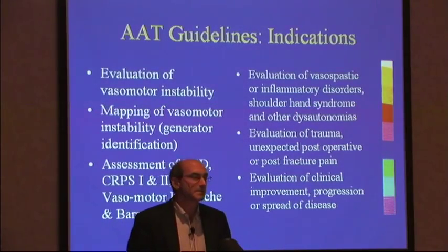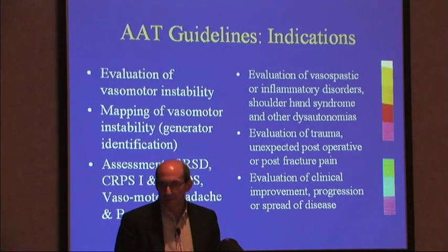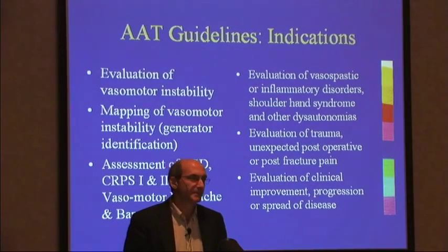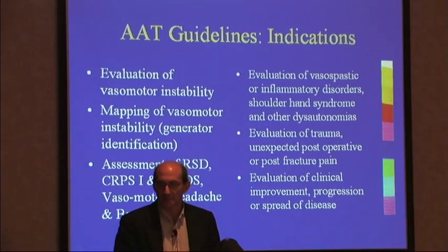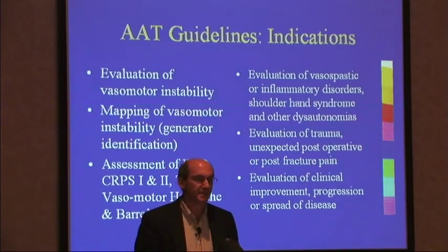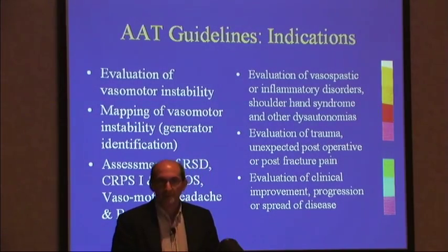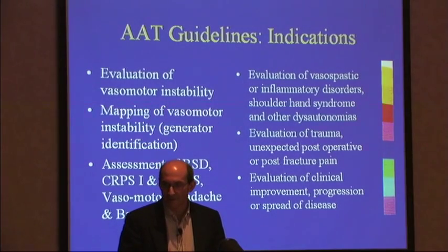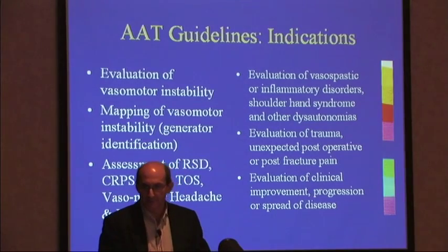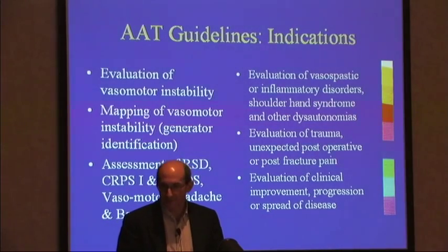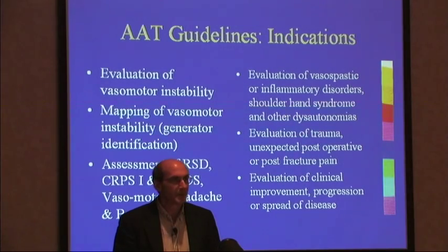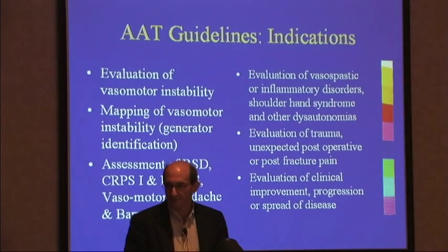In 2006, the American Academy of Thermology published internationally peer-reviewed guidelines on thermal imaging. These were restated and updated in 2009. Thermal imaging is indicated for the evaluation of vasomotor instability, for mapping of vasomotor instability or generator identification, for the assessment of RSD, CRPS types 1 and 2, thoracic outlet syndrome, vasomotor headaches, and Barré-Liu.